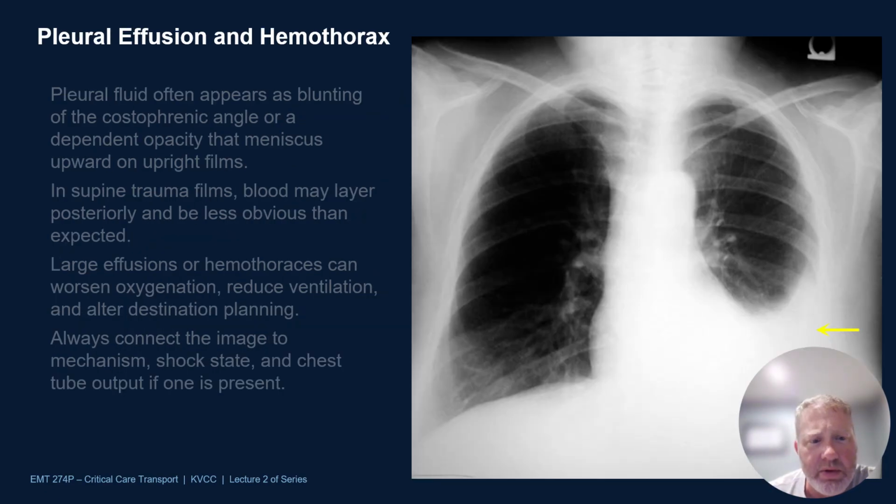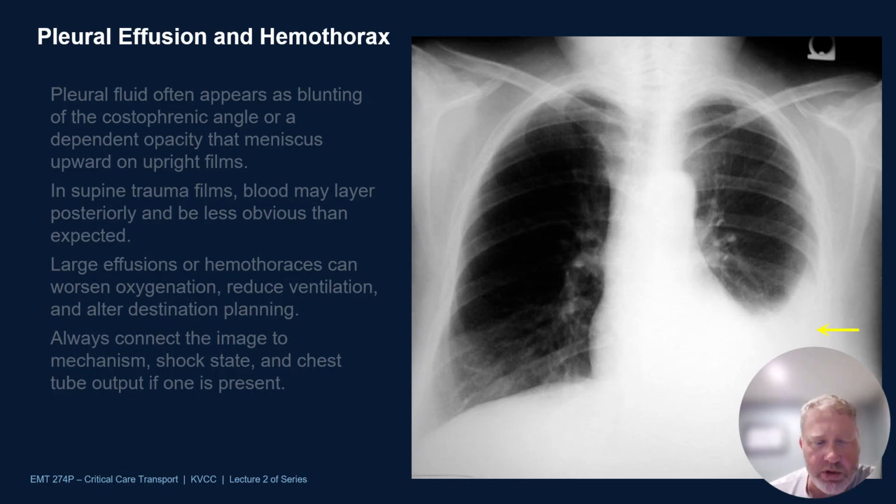Next, we've got pleural effusion and hemothorax. If you have a trauma patient, think hemothorax or blood. In a medical patient, think heart failure, malignancy, renal failure, or infection. But in transport, the key question is how much reserve remains and whether drainage is needed before you have to move the patient.